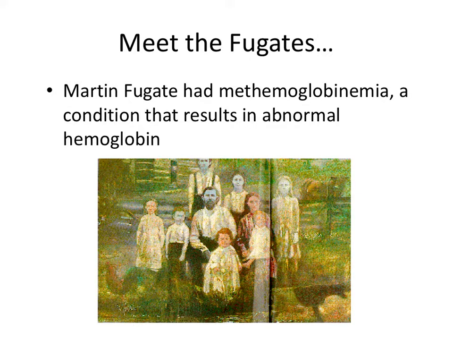Because the population years ago was very low, there tended to be a lot of close breeding of related cousins. And so a large population of the Fugates had methemoglobinemia. At least back in that time, of course now it's been watched a little bit more.